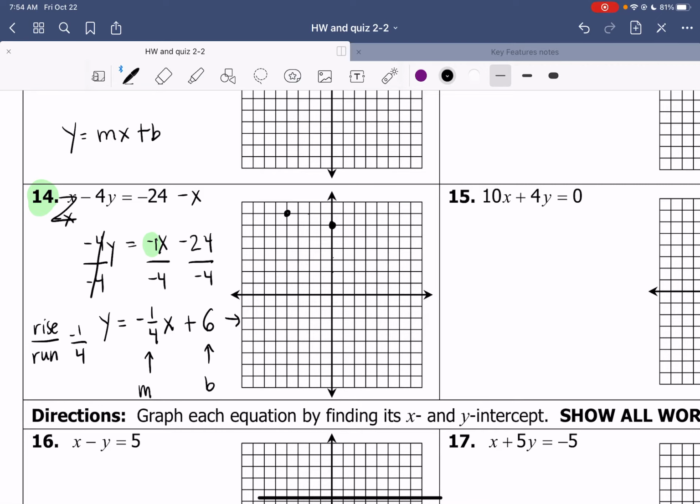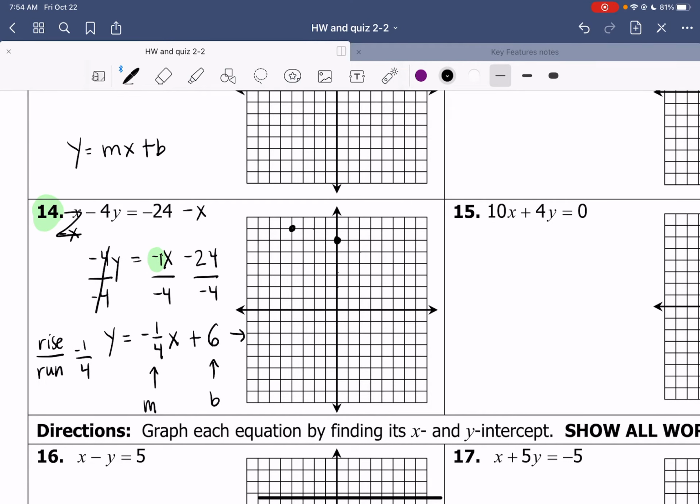Or I can also go down 1 and right 4, 1, 2, 3, 4. Because we need our line to continue in both directions, positive and negative, but our overall slope is a negative line, and if we think of slope, that is the direction we would want.